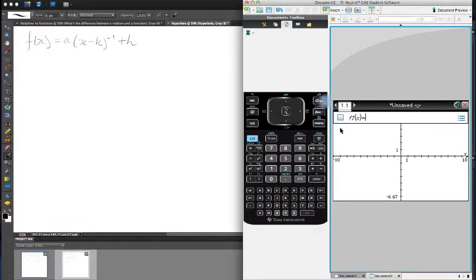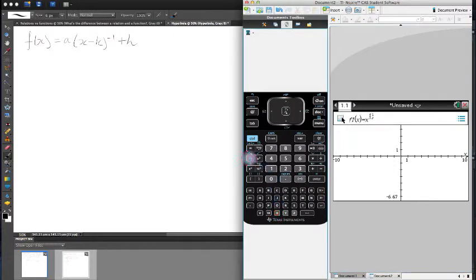Okay, so I'm going to start by just plotting the most basic hyperbola. So I've got x to the power -1. There we go, I've plotted the most basic one you can get, and you can see the shape of it is the same as what I have shown. Now let's start by looking at the dilation factor. So let's plot a new graph.